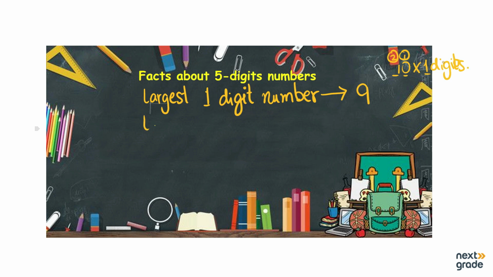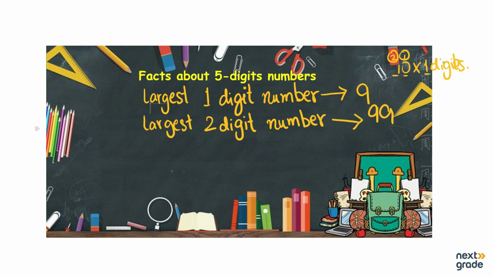Likewise, if we think about the largest 2-digit number, take a moment and think. That's right, it's 99, because after 99 it becomes 100, and 100 is not a 2-digit number, it becomes a 3-digit number, right? So what is the largest 3-digit number?